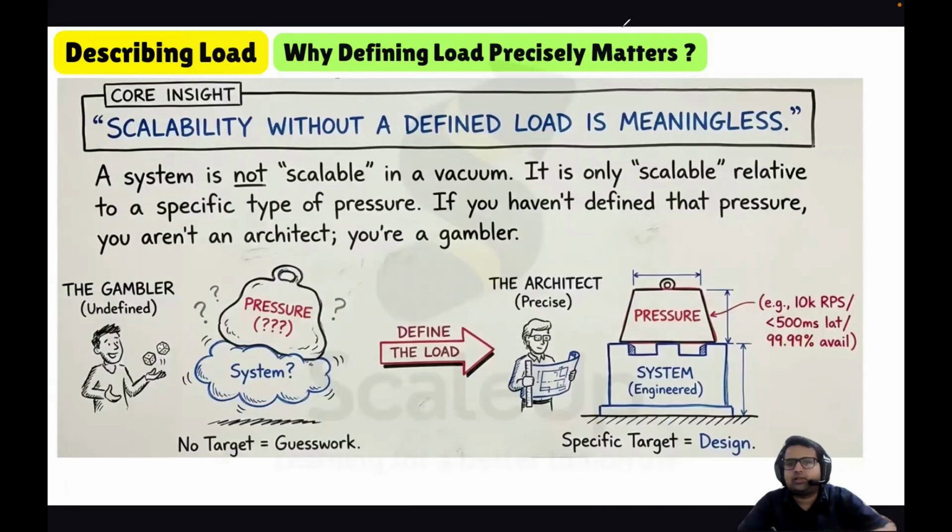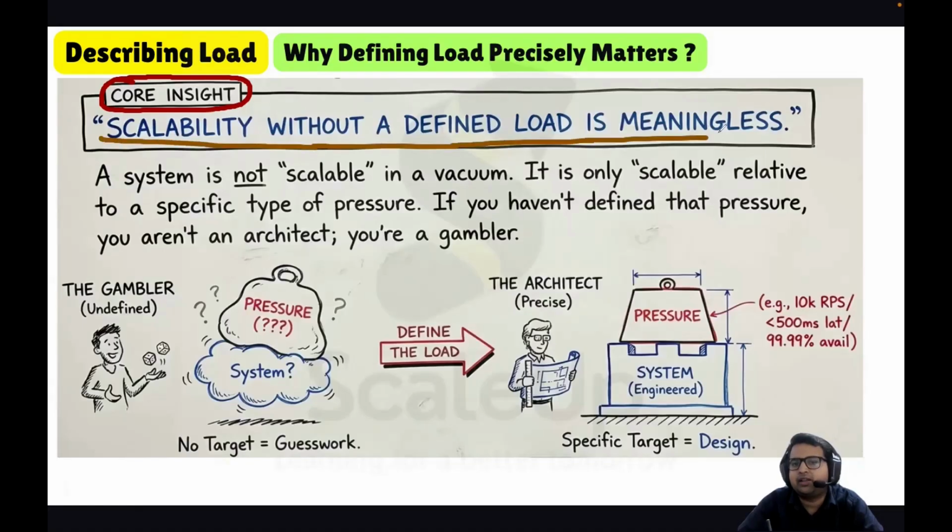Now let us look at a core insight with regards to defining load precisely. The idea is that scalability without a defined load is meaningless. Whenever we are talking about scalability, we have to talk about load. A system is not scalable in a vacuum.